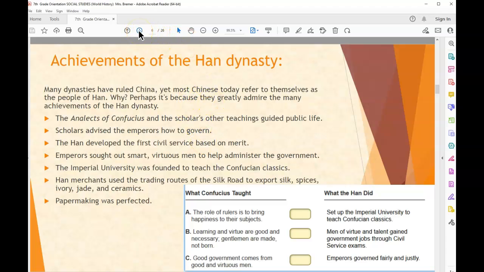Even though Confucius had passed away, they built a university. They set up tests that men would have to take. They would have to earn their space in a job, and they made sure that leaders were fair and just to make the people happy.